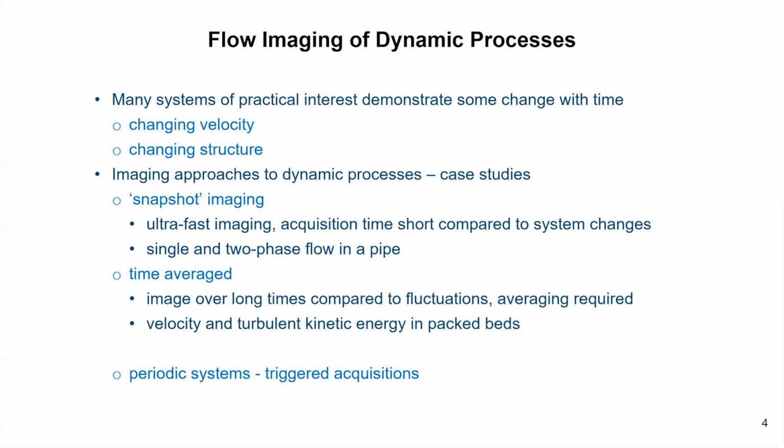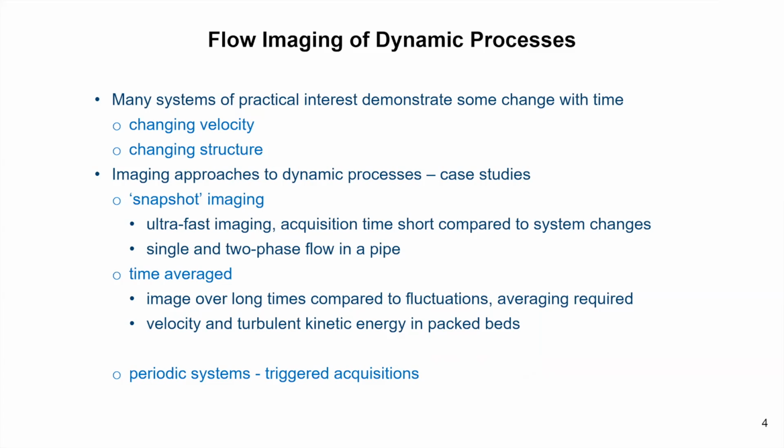Most of the systems that we're looking at, or many of them, will be demonstrating some kind of change with time. That may be just changing velocity if we've got turbulent flow, but it may also be a changing structure with an associated change in velocity. We have two basic approaches to measuring this sort of thing. The first one is snapshot type imaging, which may be ultra fast.